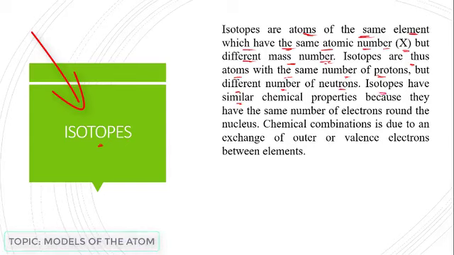Isotopes have similar chemical properties because they have the same number of electrons round the nucleus. So chemical combinations are due to an exchange of the outer or valence electrons that exist between elements. So always remember, because in your WAEC you will encounter questions on isotopes, remember that they have the same atomic number but they have different mass numbers.